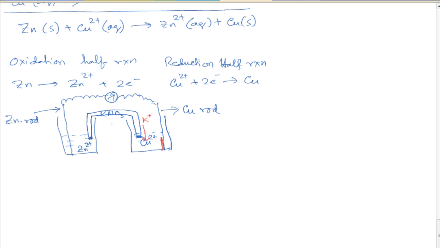So the anion that comes out is the nitrate ion that comes over here to counterbalance the cation charge that is coming due to the zinc ion being formed. You see that? So that is what is being served by the salt bridge. So this is the salt bridge. Let me write that. Salt bridge.